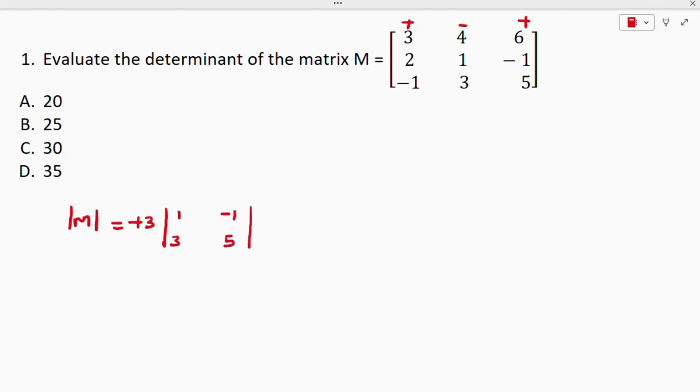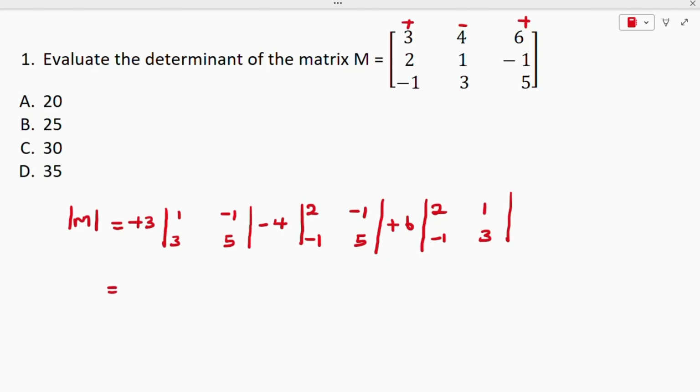Then we go to the next, which is what? Minus 4. This implies that the column and row that belongs to negative 4 will go out, so we have 2, negative 1, negative 1 and 5 to be left. Then plus 6. Now this implies the column and row that belongs to plus 6 will be out, so we have 2, 1, negative 1 and 3 to be left.